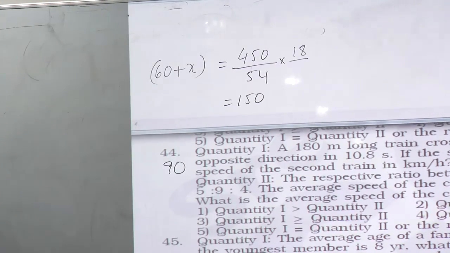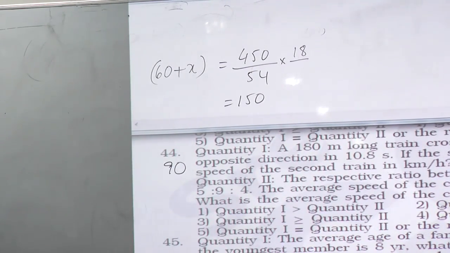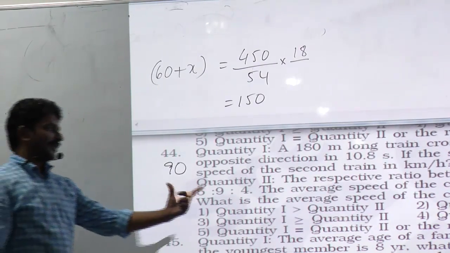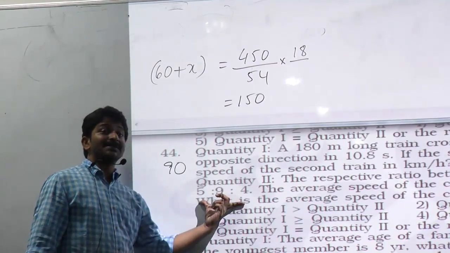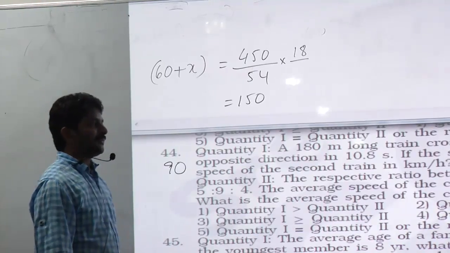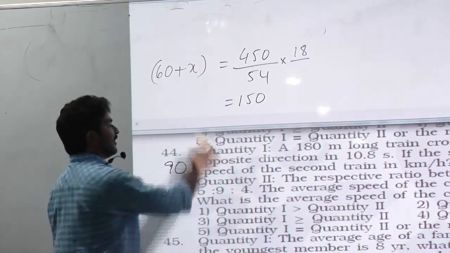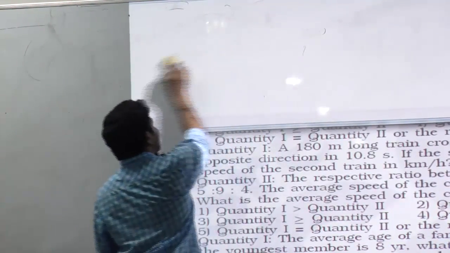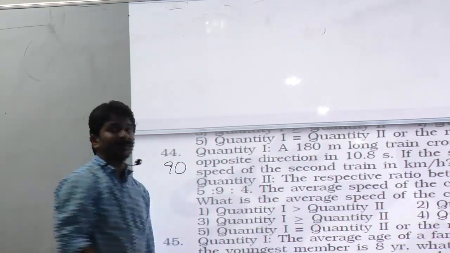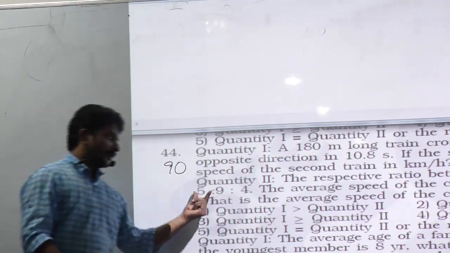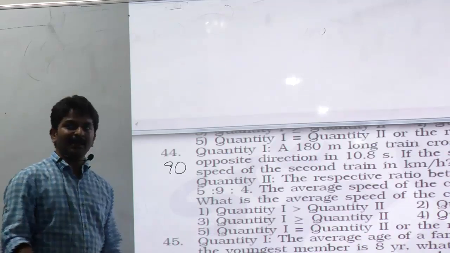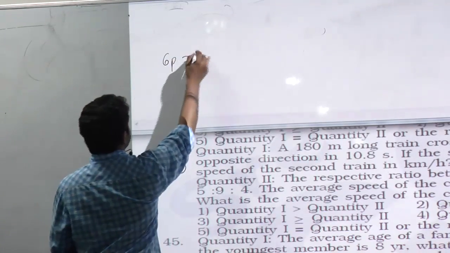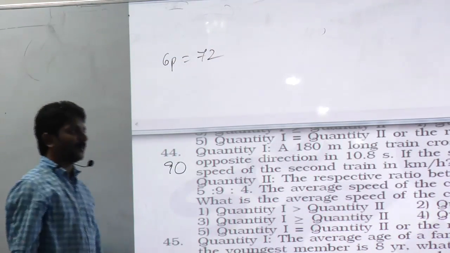Next, quantity 2. The respective ratio between the speeds of the car, train, bus is 5:9:4. So total how many parts do we have? Total parts 18. And the average speed of the car, bus, train is 72 km per hour. In terms of number of parts, what is average for 18? 18 by 3, which is 6 parts and which is given as 72 km per hour.